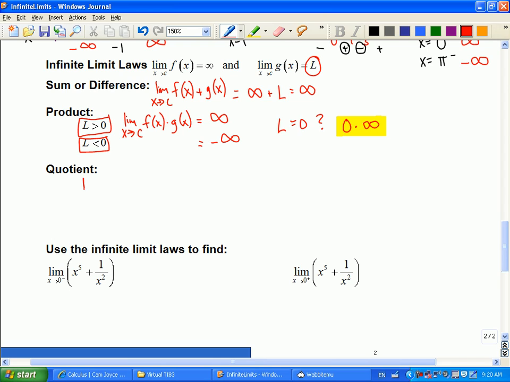Okay, so then in the quotient, we want to be able to talk about what do we do with this situation? And what do you think? Yeah, it's going to be infinite. What do you think about this?